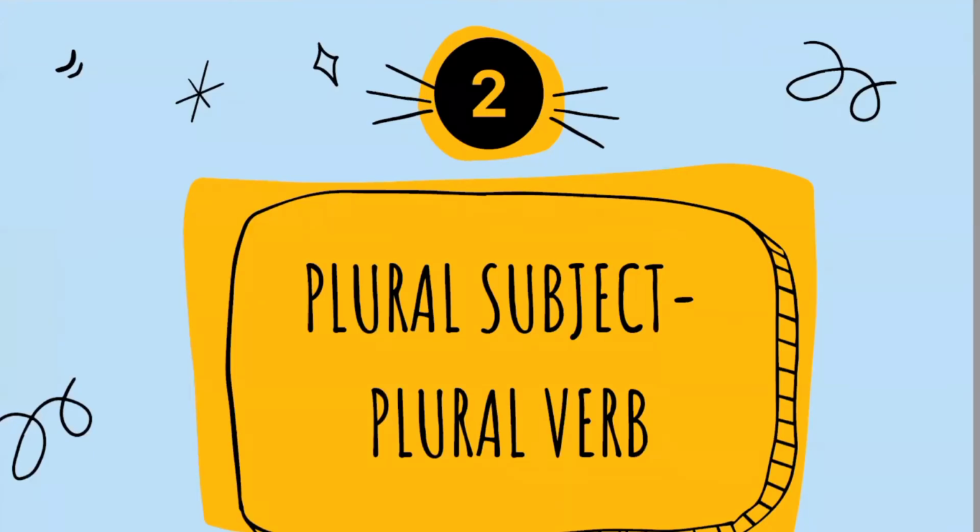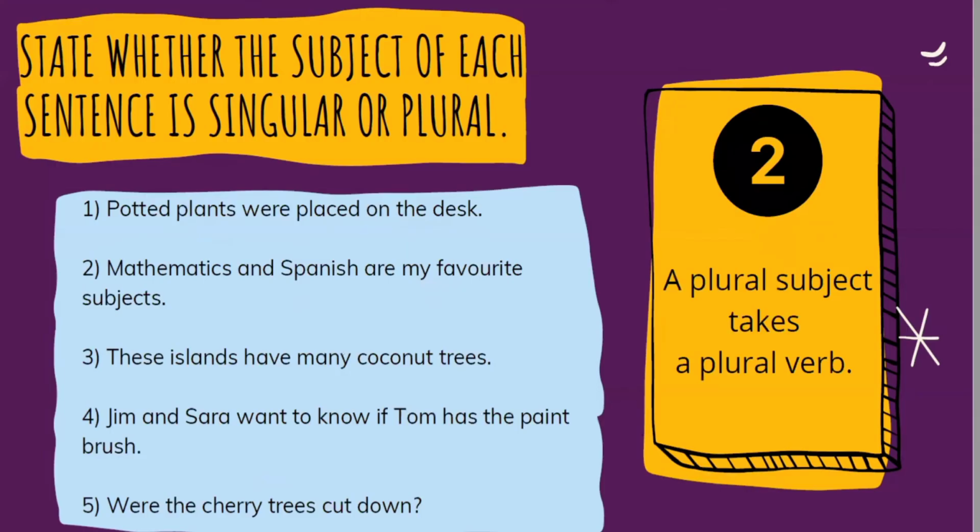The second rule, a plural subject takes a plural verb. Potted plants were placed on the desk. In the previous example, the sentence read, a potted plant. In this example, we have potted plants, more than one plant. So what was placed on the desk?